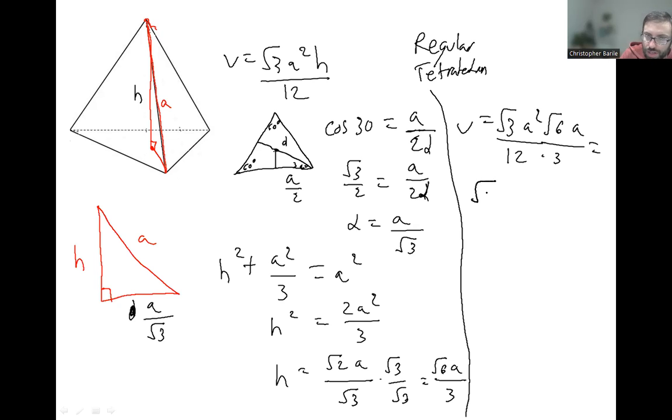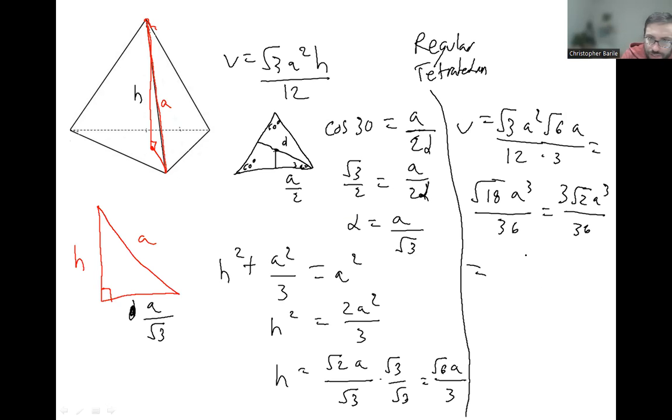That's going to equal root 18 A cubed over 36. We can pull out a 9: 18 is 9 times 2, and root 9 is 3. So we pull out a 3 there and a root 2, and we end up with A cubed over 36.